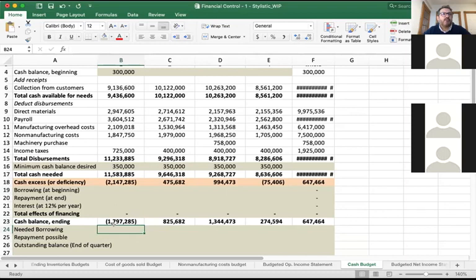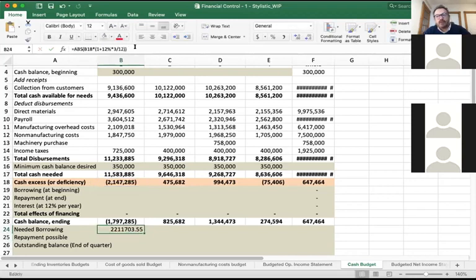So the needed borrowing is actually the amount deficiency of cash plus interest. Okay, so times 1 plus 12% for 3 months. Okay, I did absolute value of this, I guess.